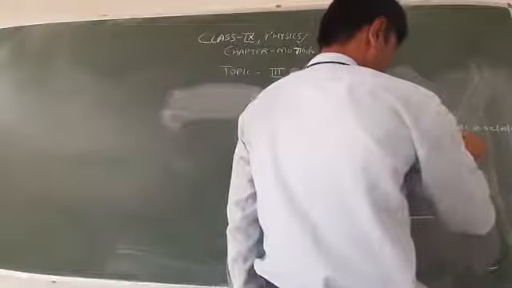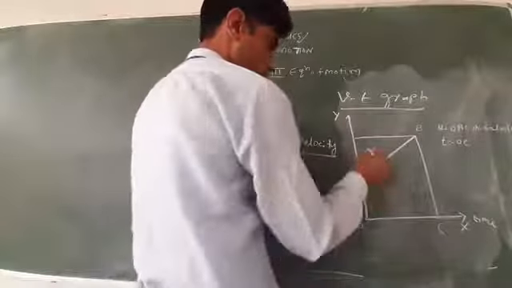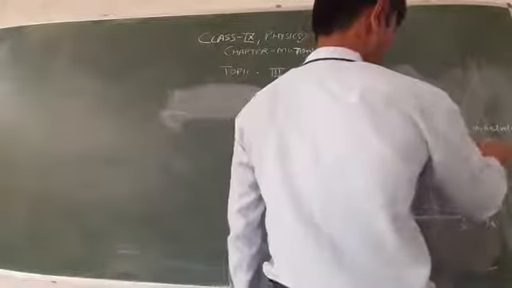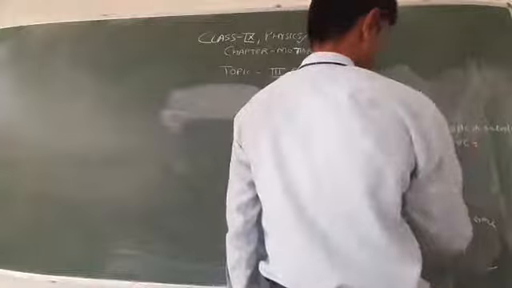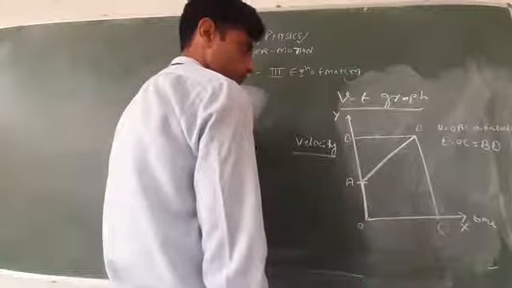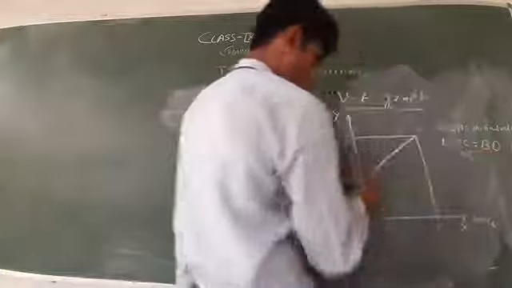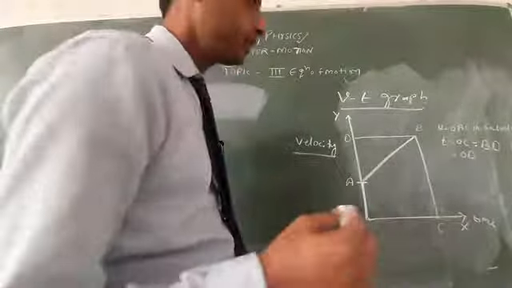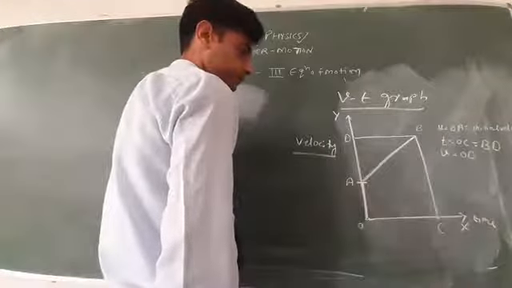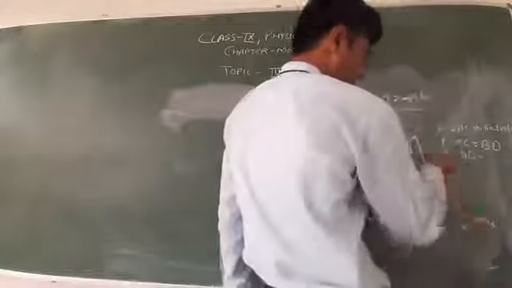It means T is equal to OC, which is also equal to AD. And the value of OD represents the final velocity. It means this is equal to V, and this OD is equal to CB.